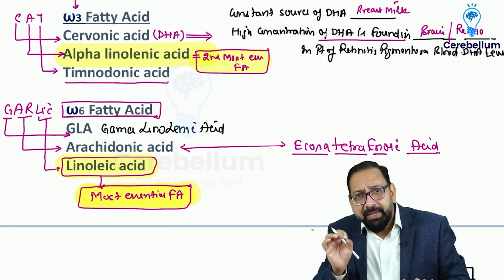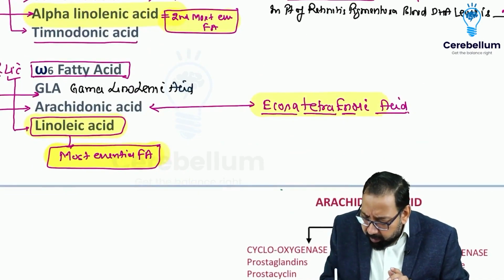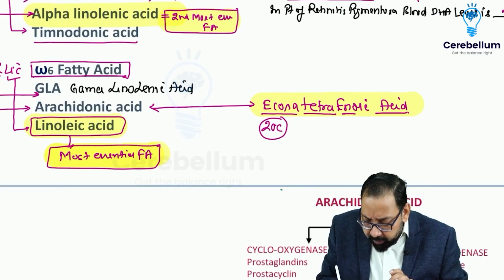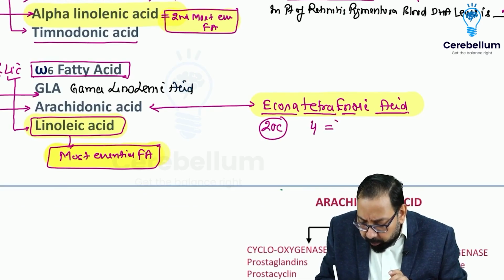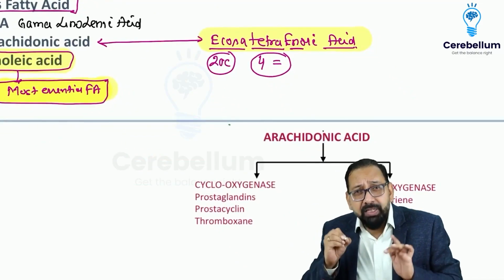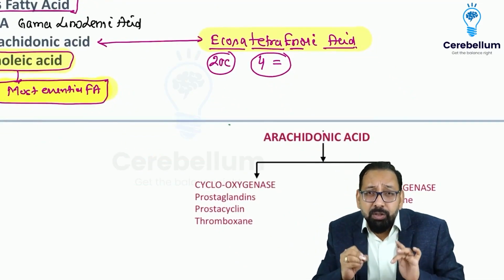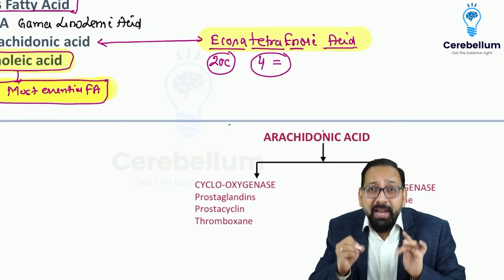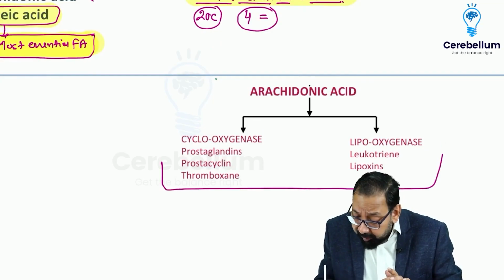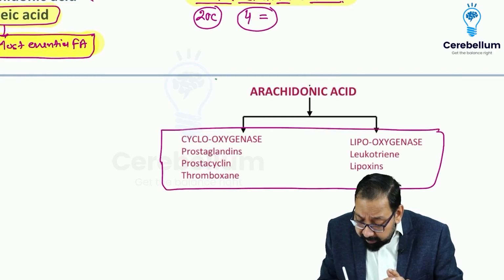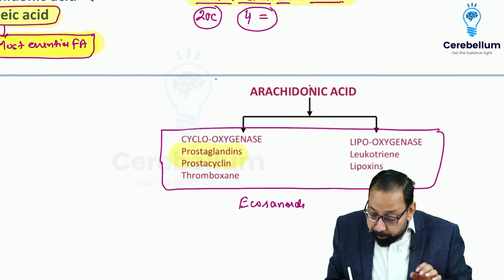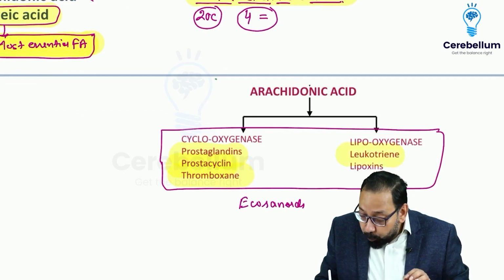Another name of arachidonic acid is eicosatetraenoic acid. Eicosa means 20 carbon, tetra means 4, en means double bond, so 4 double bonds are there. They ask questions on it because eicosatetraenoic acid, or arachidonic acid, is the precursor of eicosanoids: prostaglandin, prostacyclin, thromboxane, leukotriene, lipoxin.